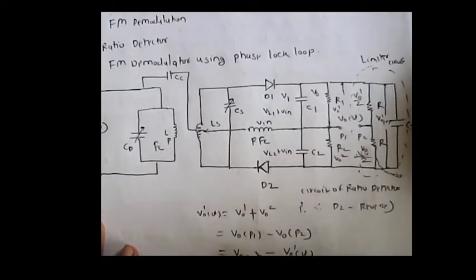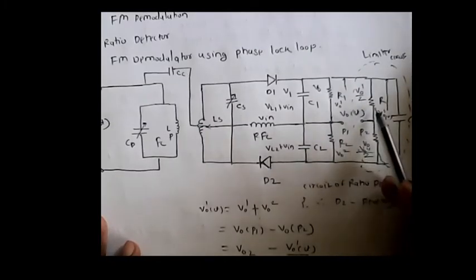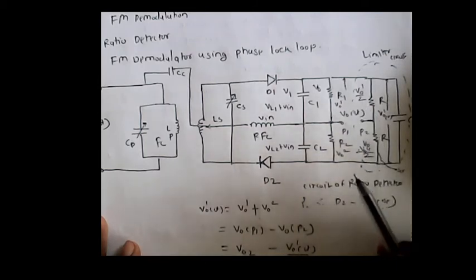So the voltage is V0 of P1 minus V0 of P2. Because of this series resistance R, the voltage V0 dash out is divided into V01, that is V0 dash divided by 2.